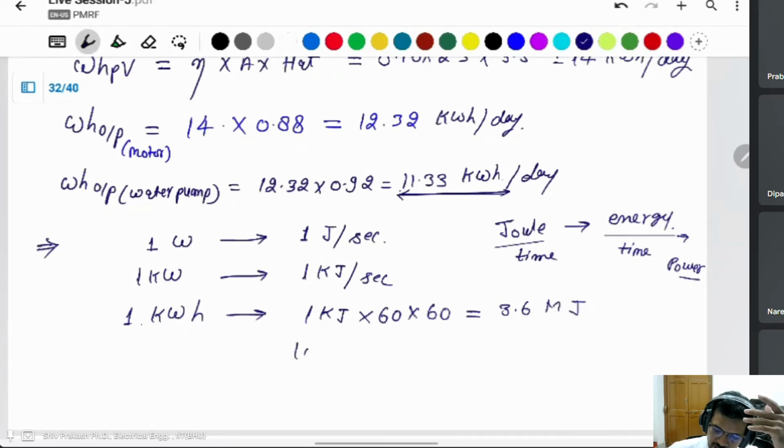This will be 1000 into 60 into 60, which is 3.6 megajoule. 1 kilowatt hour is equal to 3.6 megajoules.